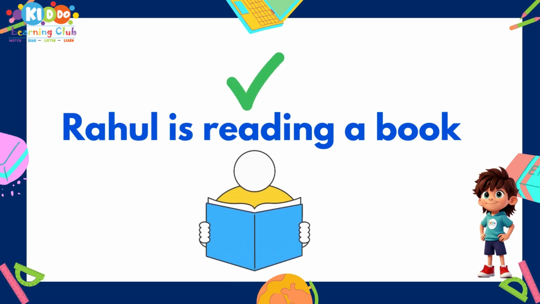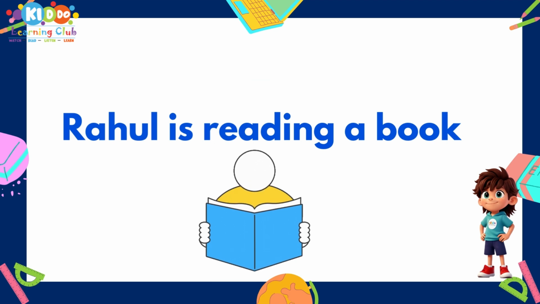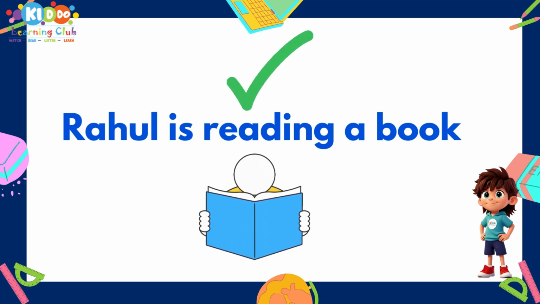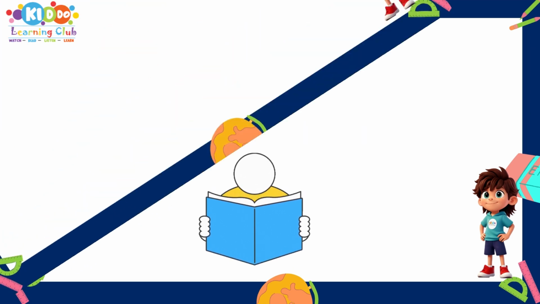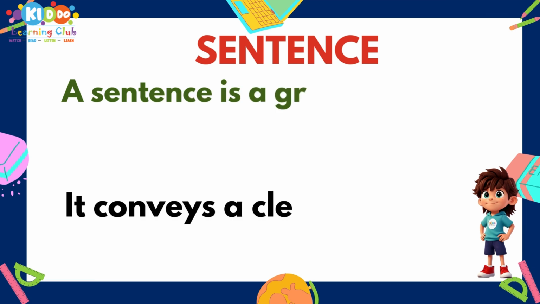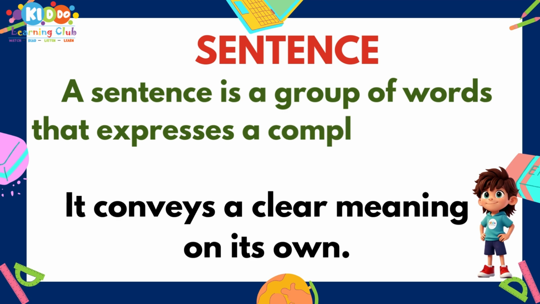So, a group of words that makes sense is called a sentence. Rahul is reading a book is a sentence. A sentence is a group of words that expresses a complete thought.